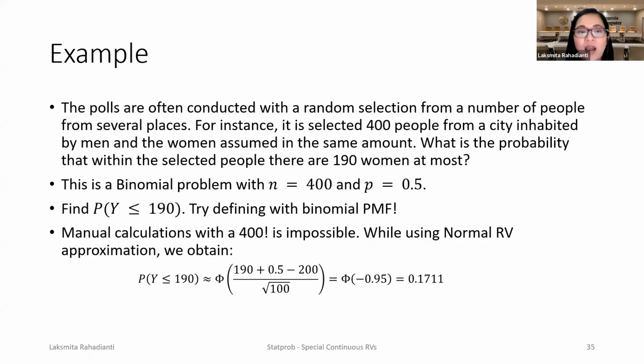So it's quite difficult to do a manual calculation of 400 factorial. However, these days you do have your helpers. You can use combination calculators. However, in the case that you don't have access to a calculator, you can approximate it using a normal random variable instead, which is a lot more manageable. The computation is a lot more manageable.